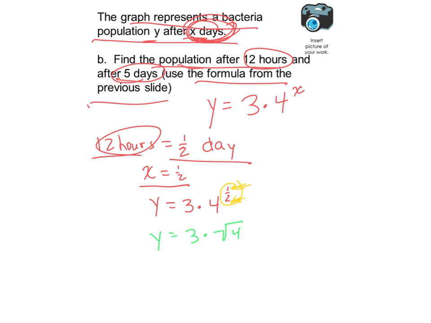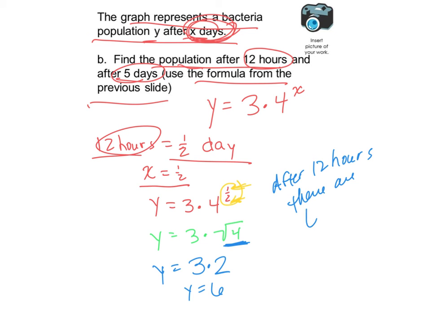I'm not going to write the first power because I don't need to. All right, so now I'm going to simplify. I have to do my square root first. So it's 3 times the square root of 4, which is 2. So y equals 3 times 2. I can multiply it now. 3 times 2 is 6. Okay, and then my sentence is, after 12 hours, there are 6 bacteria.